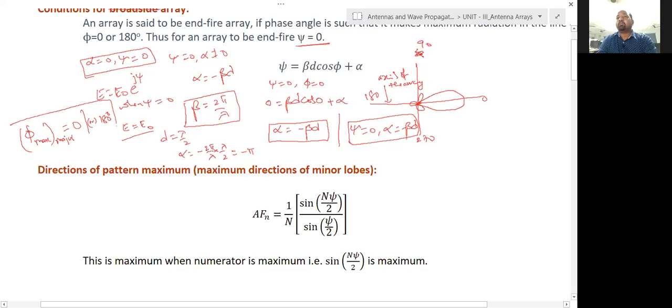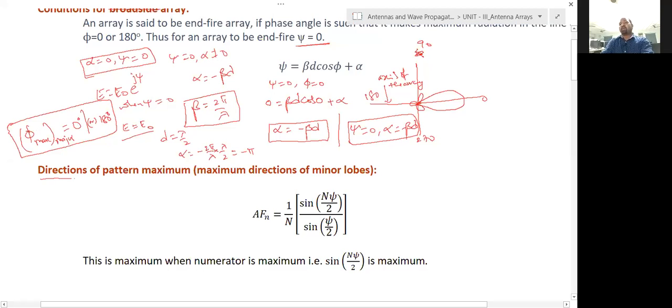As per the definition, the end-fire array is unidirectional, so we can take 180 as null. Only radiation along 0 degrees we can consider, and along 180 degrees is null. So the maximum direction of major lobe is 0 degrees.